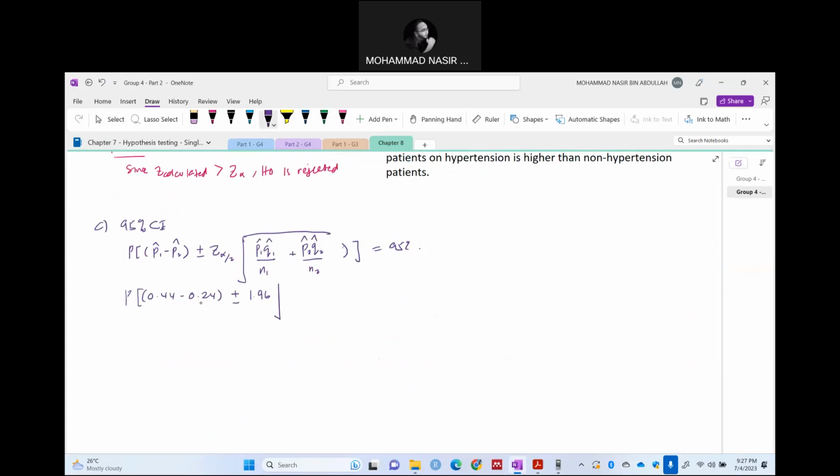So multiply with the square root of 0.44 multiplied by 0.56 divided by 55 plus 0.24 multiplied by 0.76 divided by 149.